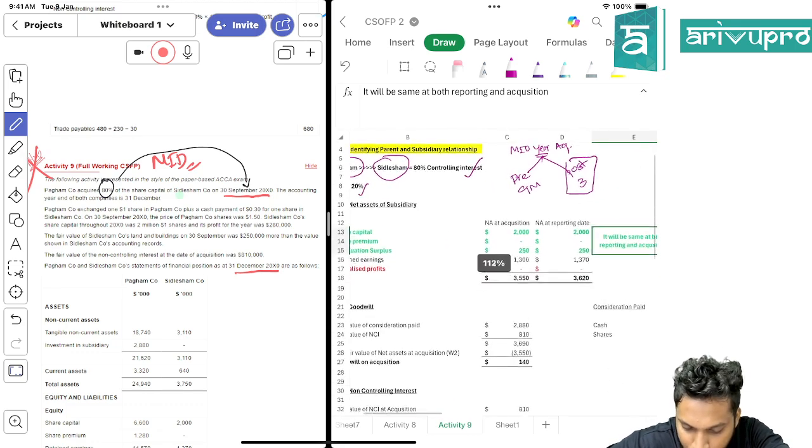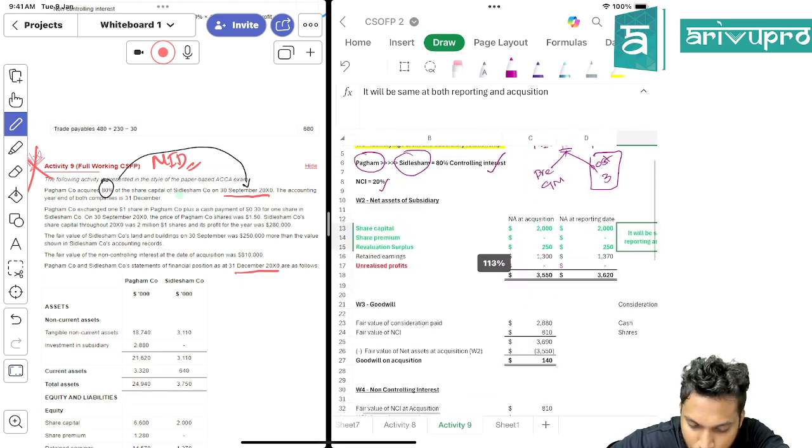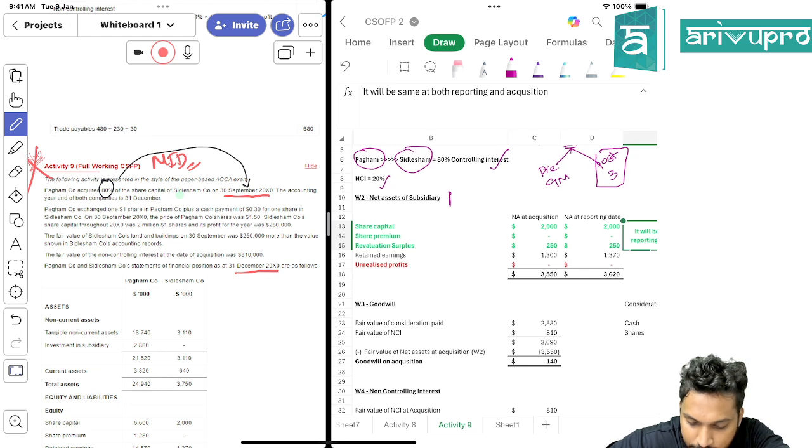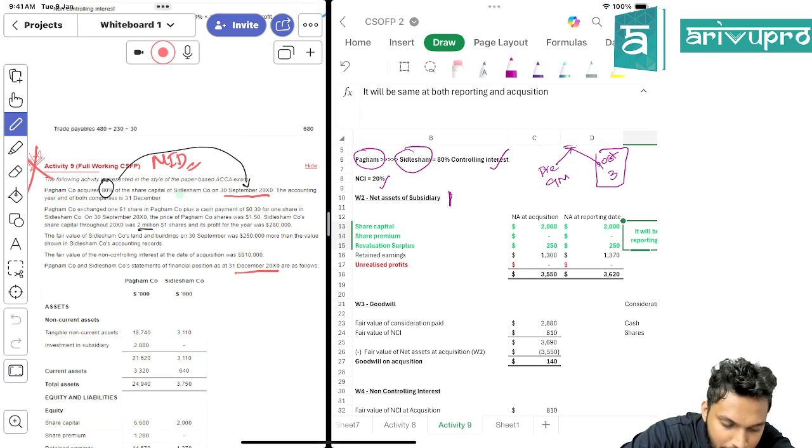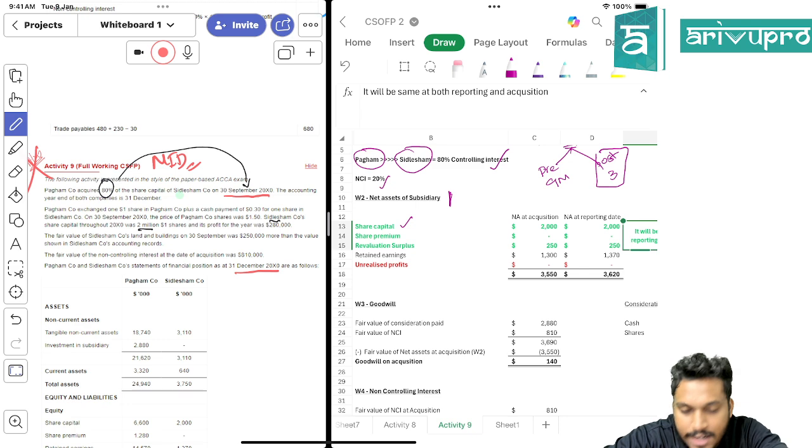When I am computing the net assets for the subsidiary, that is my working two, I need to take the share capital. Share capital is given as 2 million for the subsidiary, so it needs to be the same at the reporting date and at the acquisition date. No share premium is given, so no worries. Have they given revaluation surplus? Yes, they have.